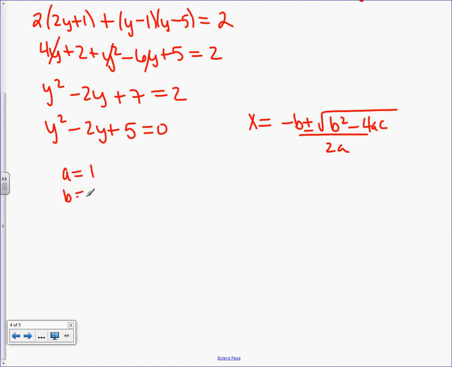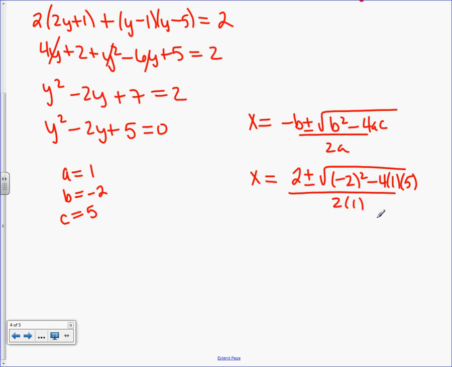What's b? Negative 2. And what's c? 5. Is that coming back to you? So we're going to substitute: x equals negative b is going to be a positive 2 plus or minus square root of negative 2 squared minus 4 times 1 times 5 all over 2 times 1. I know I do that kind of fast, but it's just substitution.